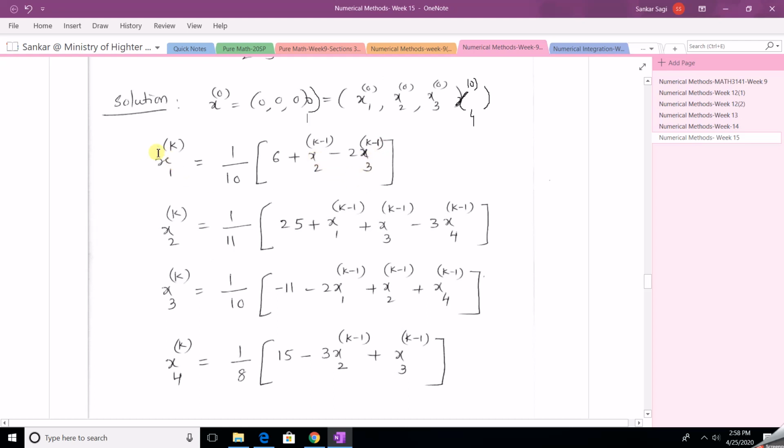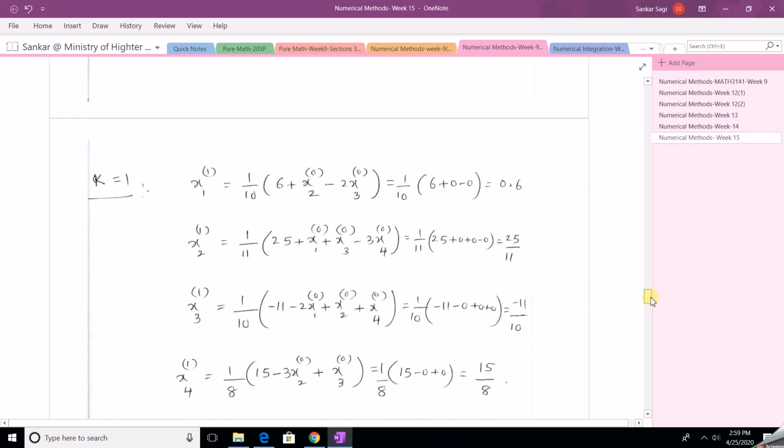Similarly, for the first approximation of x2, we use 0th approximations of x1, x3, x4, and the same for x3 and x4.